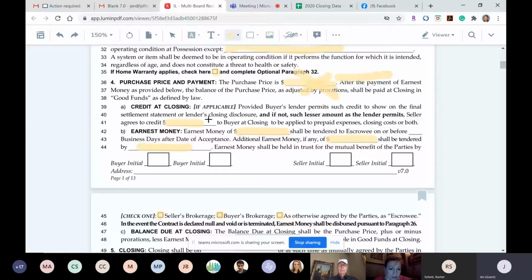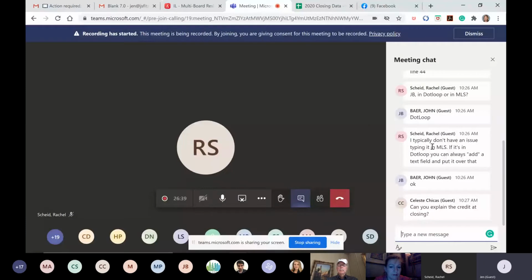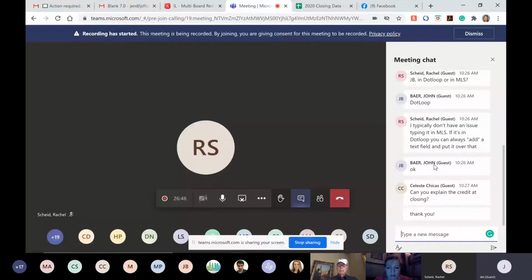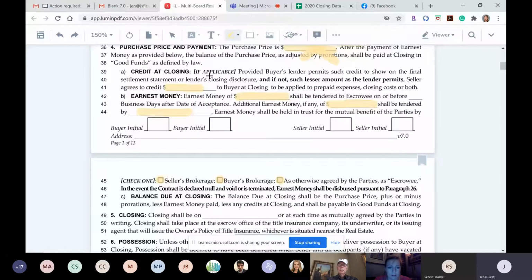So if you're going to offer $350,000, but you need $5,000 of closing cost money as a buyer to cover all those costs at closing right up front, then you can raise the purchase price to $355,000 and ask for a $5,000 credit back. I'm going to check in on the meeting notes. Does that explain how we use that? Okay, good. She said, thank you.